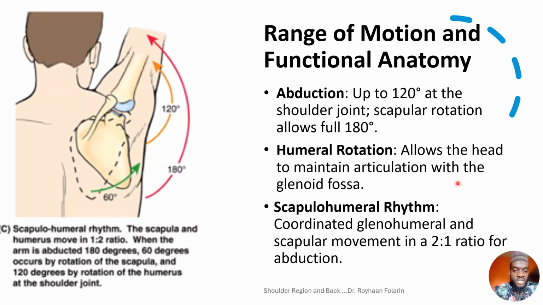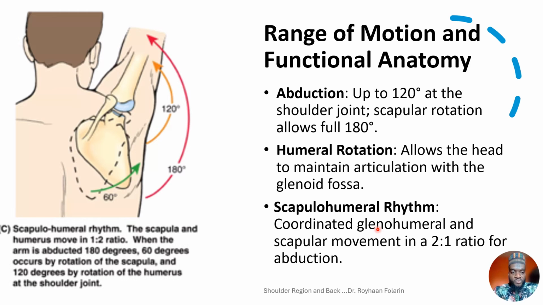There is also the concept of the scapulohumeral rhythm, which makes us understand that for every 2 degrees of movement by the humerus, there is a complementary 1 degree of movement by the scapula to ensure that the eventual movement takes place. So this is the scapulohumeral rhythm. So the scapula and the humerus move in a 1:2 ratio, the 1 is for the scapula, and then the humerus has the 2.